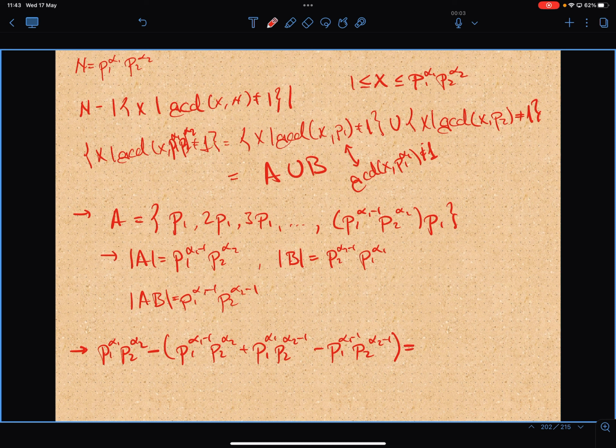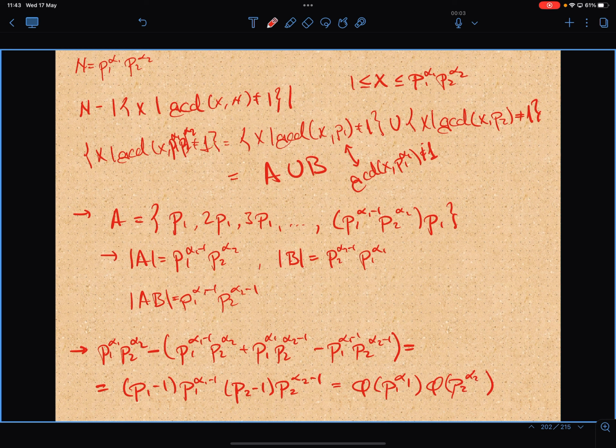And this simplifies, and I'll spare you the pain. This is going to be (p1 - 1) p1^(alpha1 - 1) times (p2 - 1) p2^(alpha2 - 1), which is equal to phi of p1^alpha1 times phi of p2^alpha2.